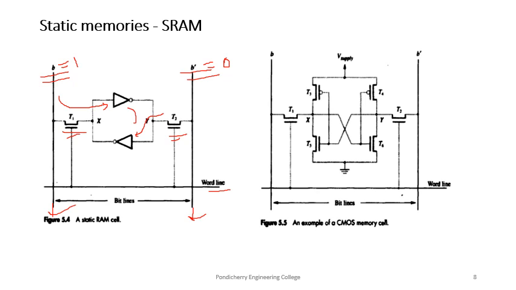Similarly, for reading, we have to select the word line, and the bit lines connected to the sense circuit are sensed. Whatever values are available at the output of the inverters will be transferred to the bit lines, sensed by the sensing circuit, and accordingly the data will be read.